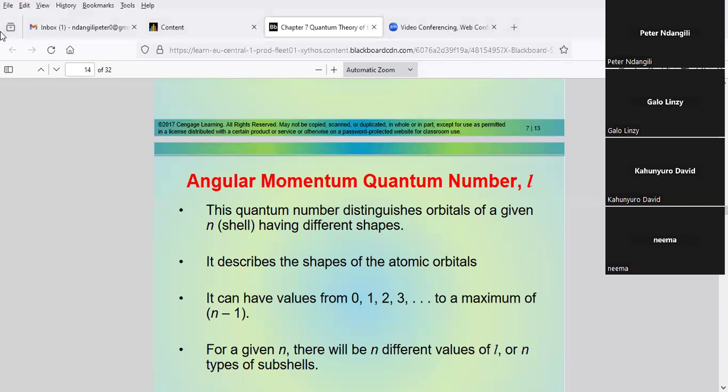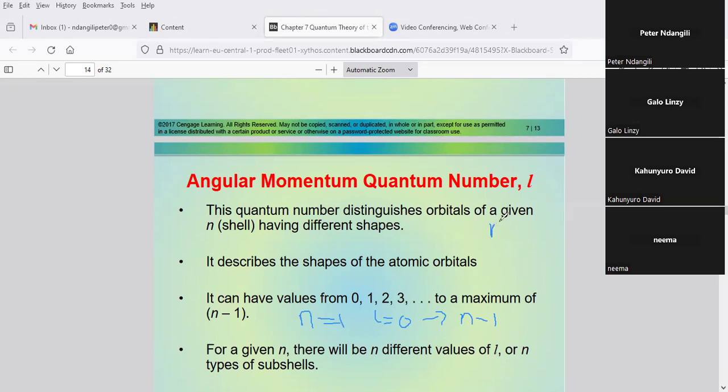So what I'm saying here is that we have n equal to 1. The values of L will be 0 all the way to n minus 1. What does it therefore mean?